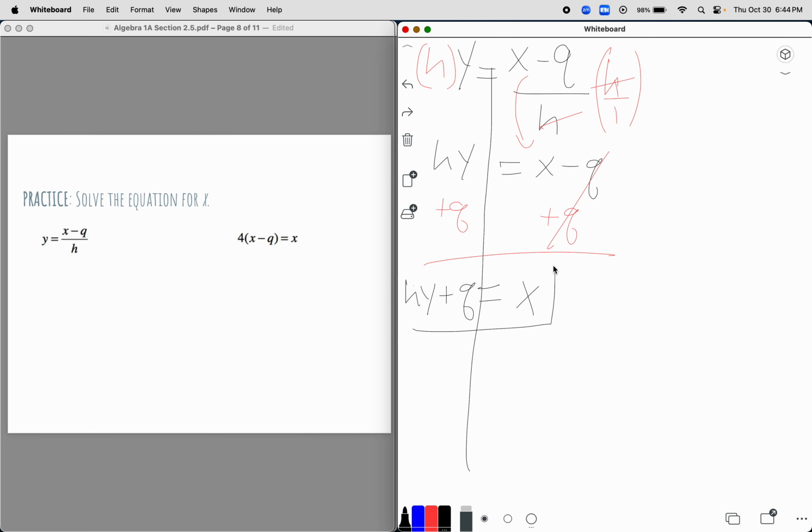And then I'm done. Okay, first step, we multiplied by h. Second step, we added q to both sides, okay, in order to get x by itself.